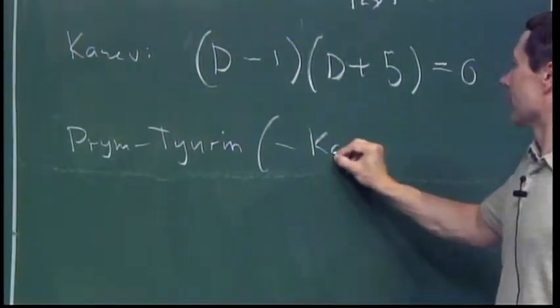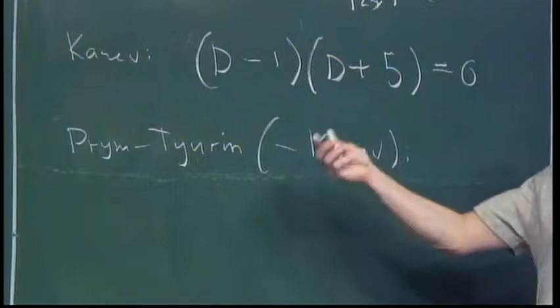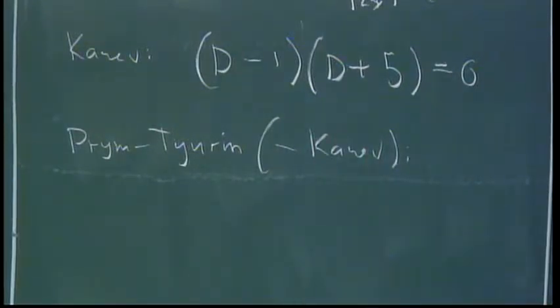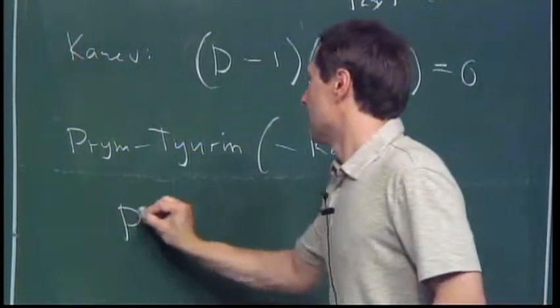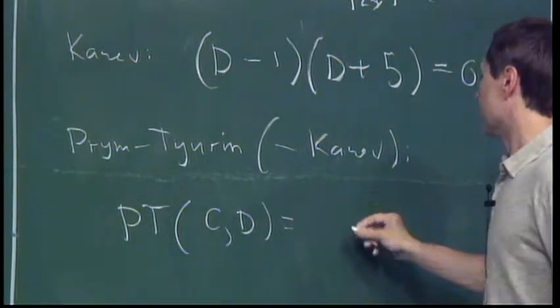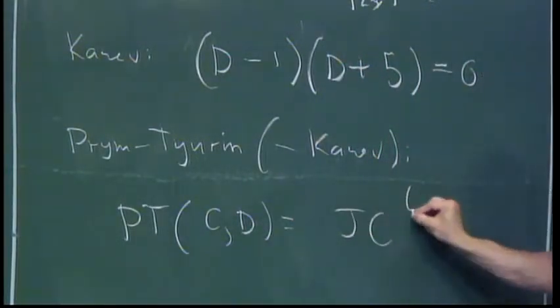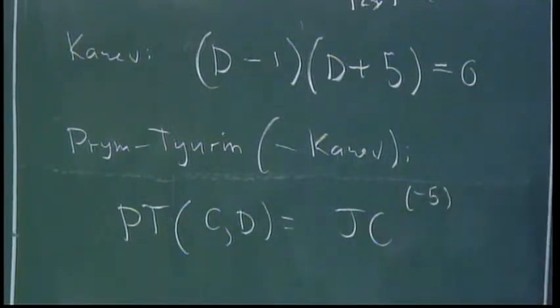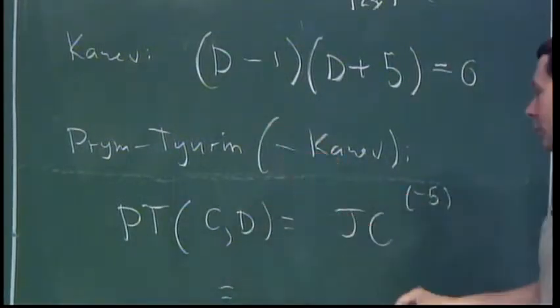Really, it should be called the Kanev variety, but he called them the Prym-Tyurin varieties. And this is the -5 eigenspace of that Jacobian. So you have a +1 eigenspace and a -5 eigenspace. And you define that as before, as usual.